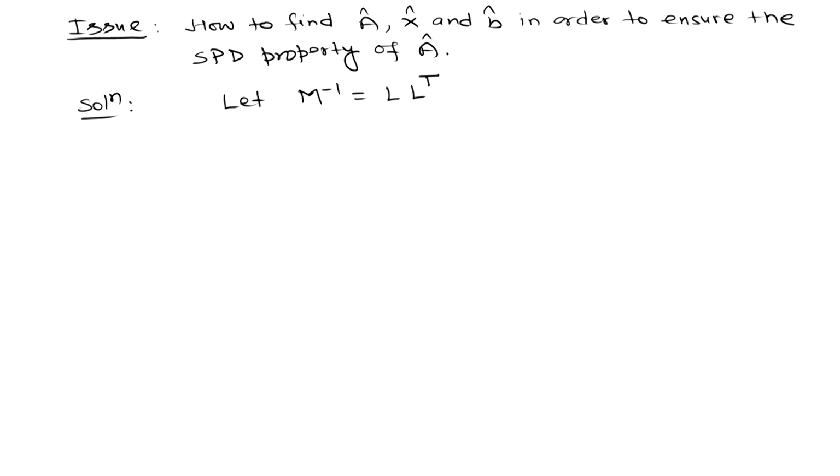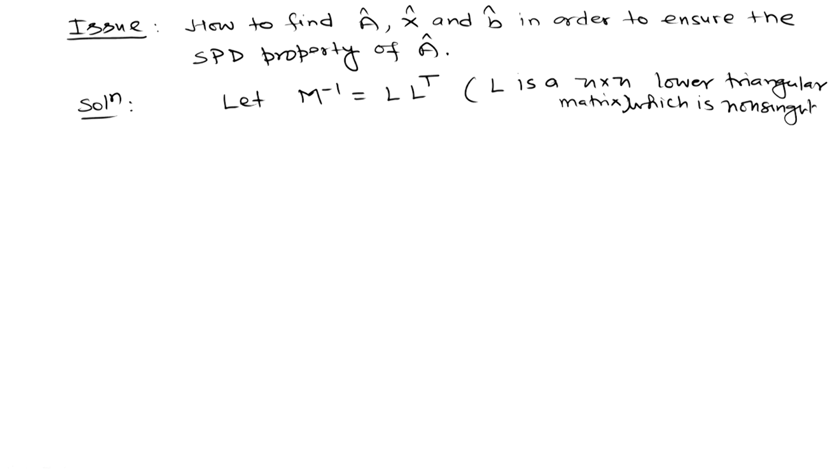Here L is an n by n lower triangular matrix, since we are taking A as n by n, which is non singular also. So, none of the diagonal elements of this lower triangular matrix is 0.